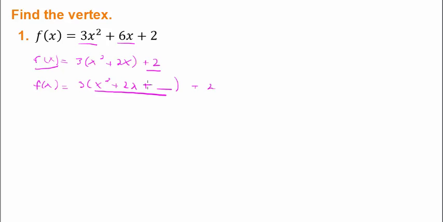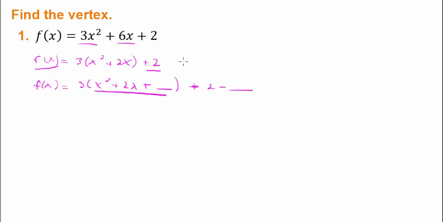Now, if I'm adding something inside the parentheses, since I'm doing this not to both sides of the equation, but just to one side of the equation, I'm actually going to subtract it on the outside. Because remember, with an equation, you would normally do the same thing to both sides, but since we're now doing it to the same side, we really want to be adding 0. And if we add 0, that means we're really going to be adding and subtracting the same thing. I'll explain more about this as we go.